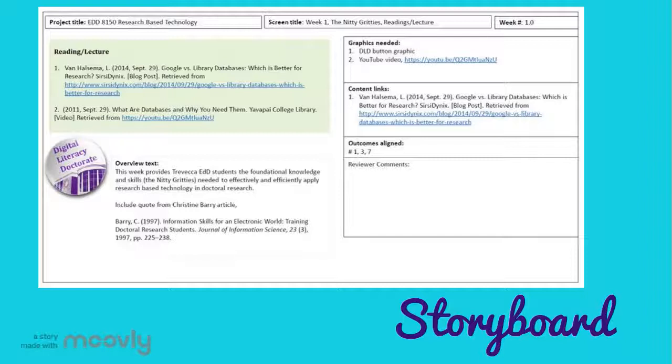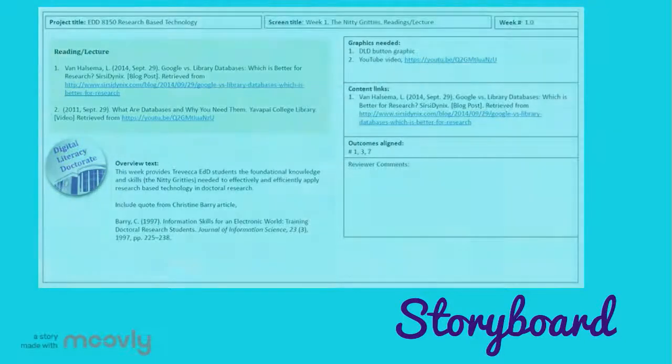But you can see the components of the storyboard include the readings and lecture, overview text, and on the right side, any graphics, any links. Outcomes are always linked as well. It's important to connect to the outcomes and everything that is done in the course design.